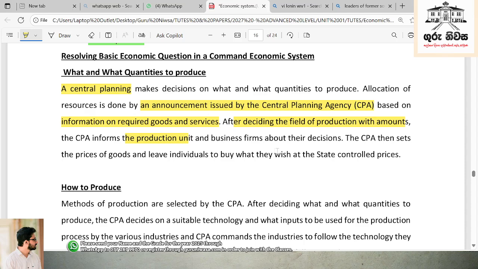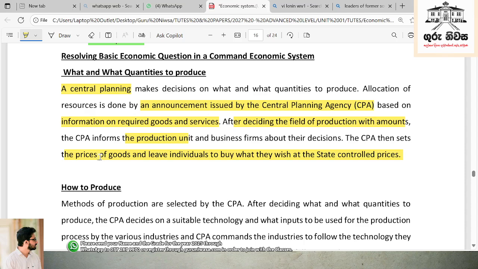The CPA then sets prices of goods and leaves individuals to buy what they wish at state-controlled prices. The last point is nice: the CPA sets the prices. Government sets prices. Sanuli, in a market economic system, who sets prices for goods and services?